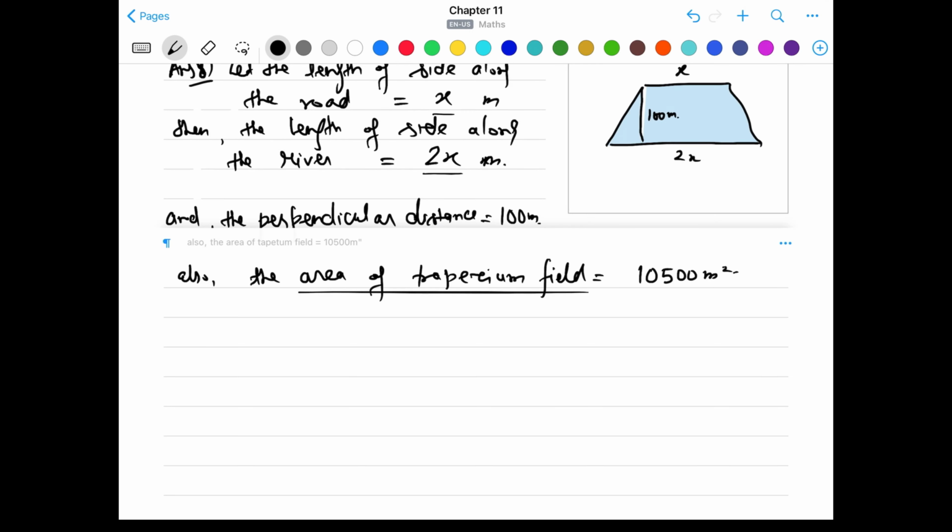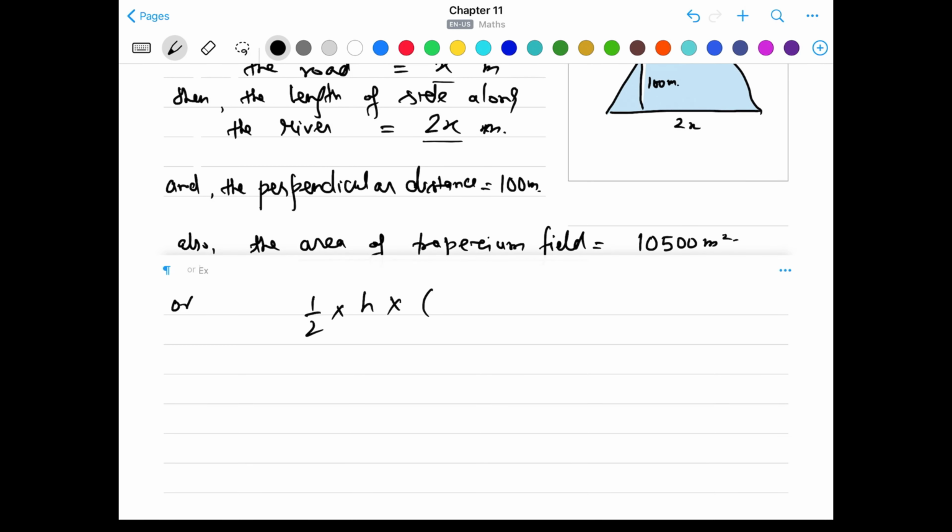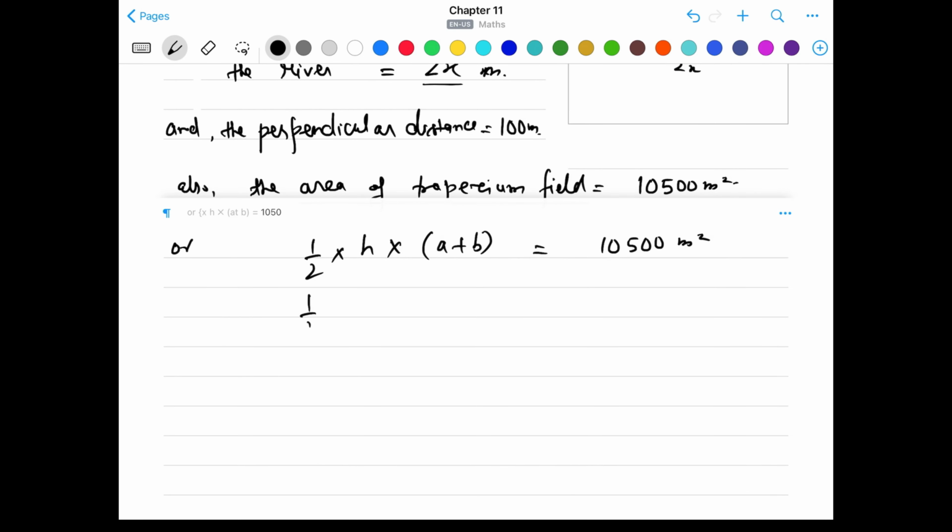And we know the area of a trapezium is given by the formula half into h into sum of the parallel sides, that is a plus b, equals the area, given as 10,500 meters square.